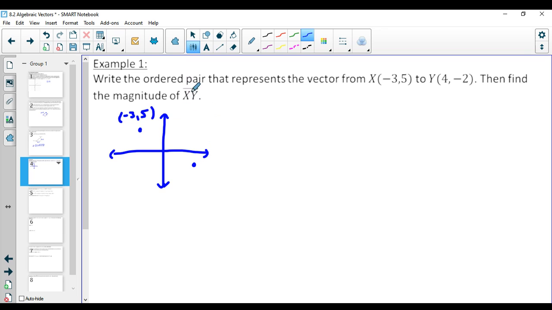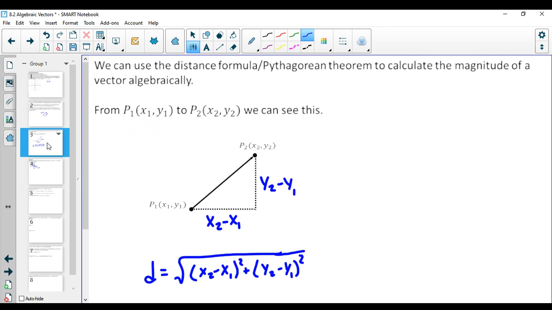And so when we say XY like this, what we're saying is we're going from X to Y, right? And again, instead of doing this formula, you can if you want.